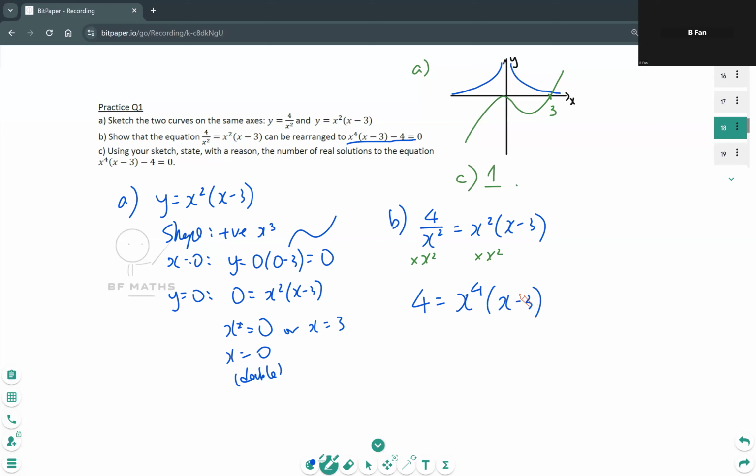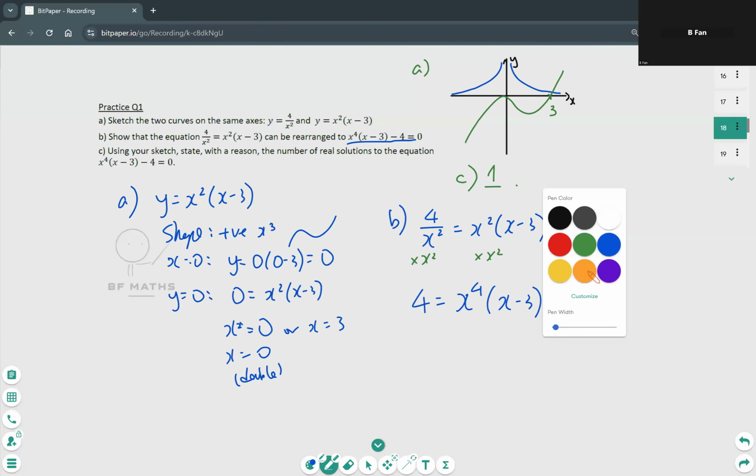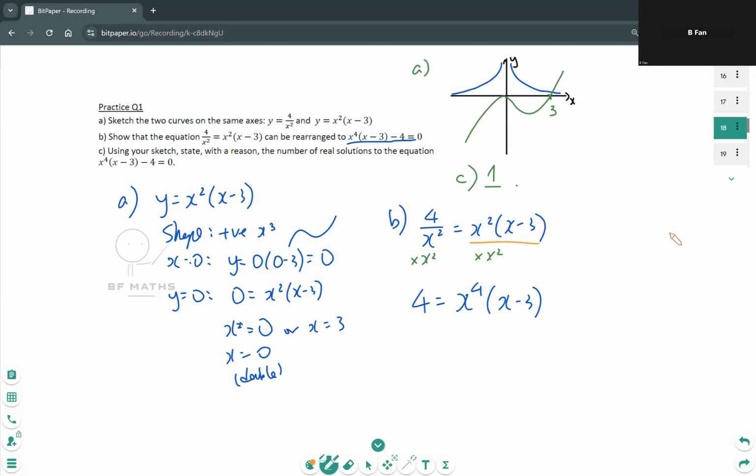What about the bracket? Do you not have to multiply this by x squared? No. This is a common mistake. The reason is this is one term. Think of this as 4 times 2 minus 1, for example. If I multiply this whole thing by 3, what I'm doing is 4 times 2 minus 1 times 3.